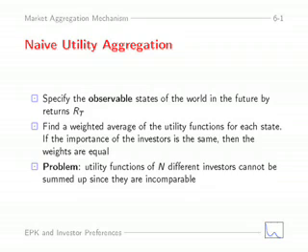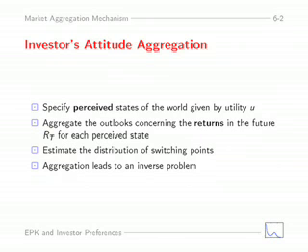Again, there can be different mechanisms for aggregation. The simplest is just to sum up utilities, which is the worst, of course. We propose another aggregation, which is based on perceived states of the world. If you think of some economic situation, it is basically when people sit at the table and decide, when they're equally happy, for example, what returns should be allocated to each investor to make everybody so happy.